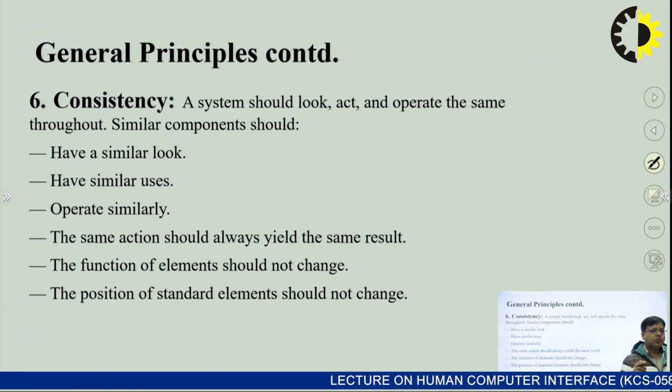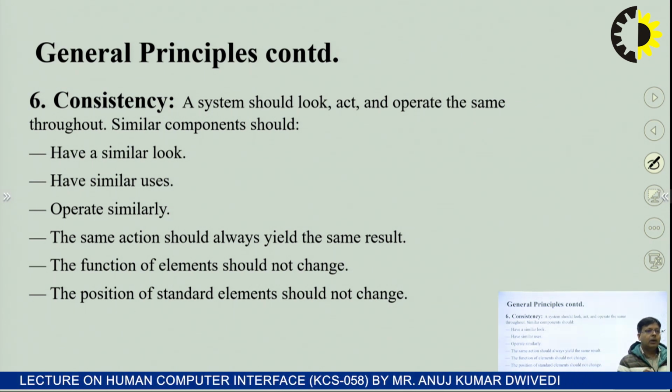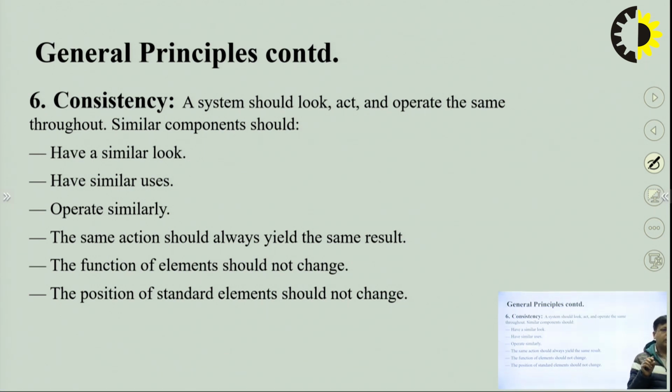Suppose you take the example of a search button. Mostly all popular interfaces have the search button in the topmost layout, so you should also use that button in the topmost position in your design. Similar functions in a task should remain the same on different screens. It increases the predictability of the system.